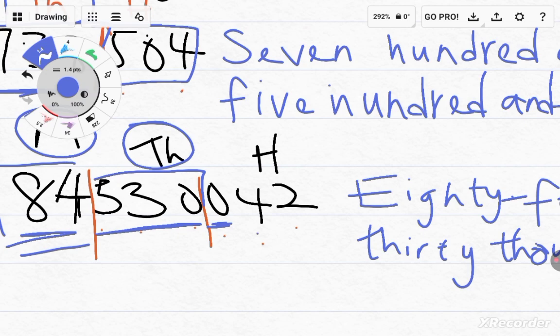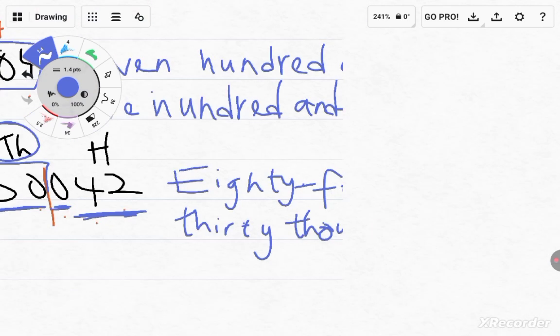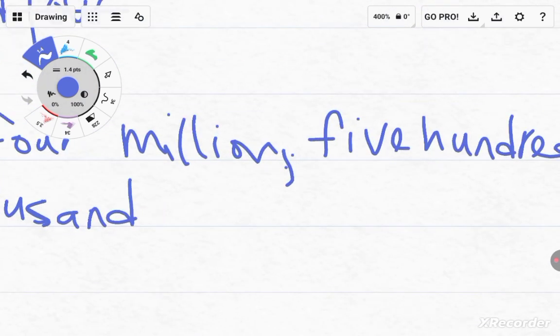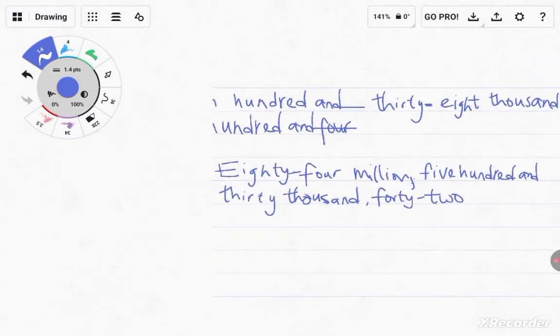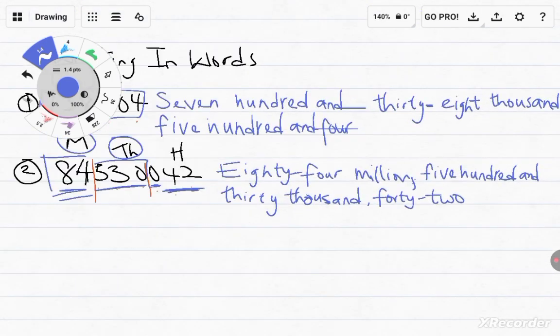So the numbers we are only going to write in words are 4 and 2, which is 42. That's our answer: 84,530,042. Remember, you start counting from the back, divide into groups of 3, then label.